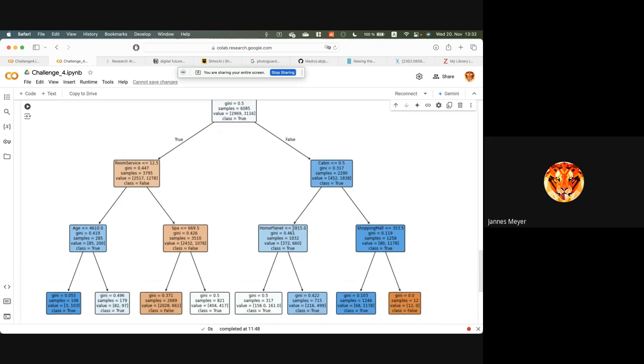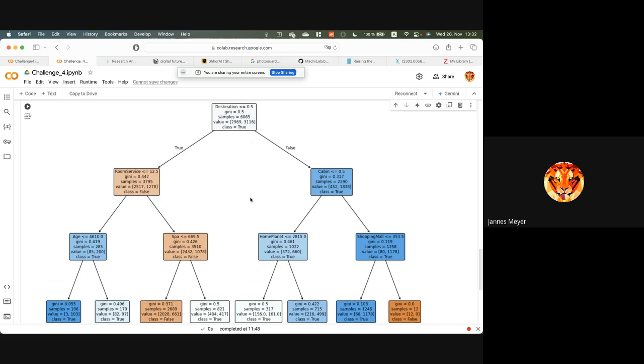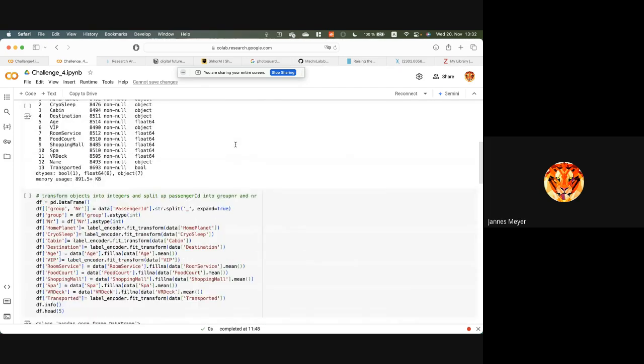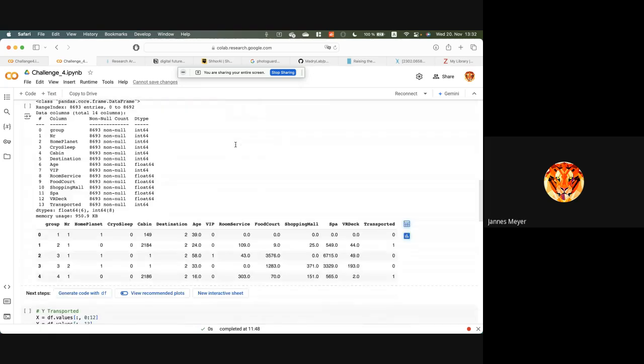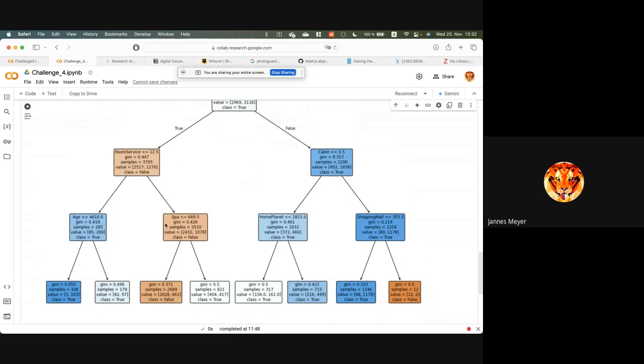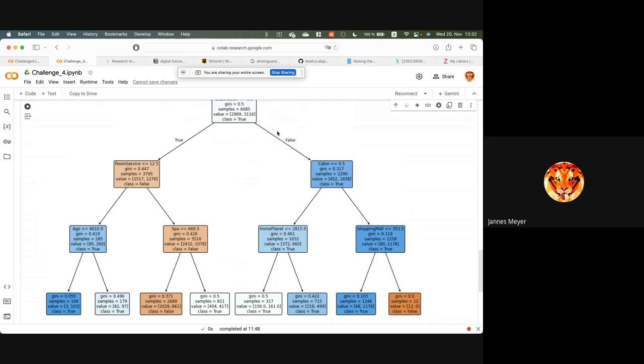We can now not really interpret which values these are anymore, or the destination even. So when destination is split at 0.5, we don't know which destination it actually is, since we turned them into these values. But for now, that's what we worked on, and we will probably dive deeper into random forest and also into this decision tree.